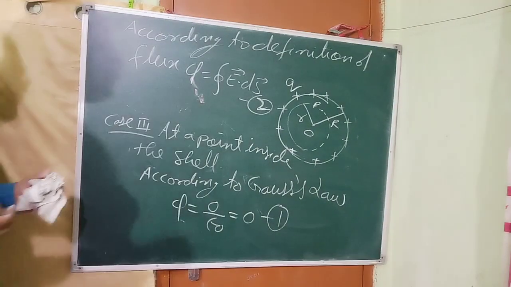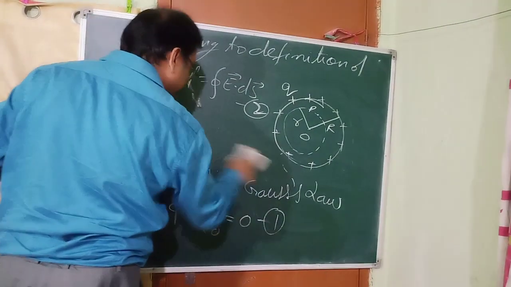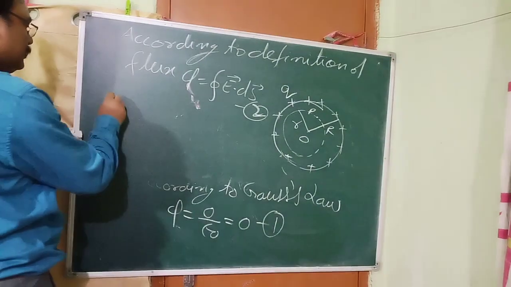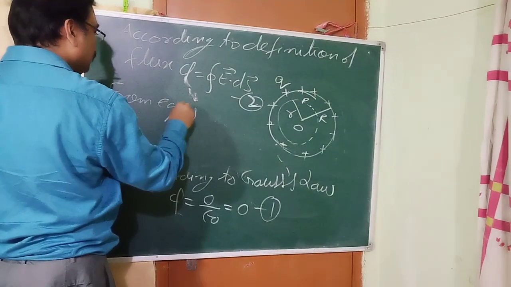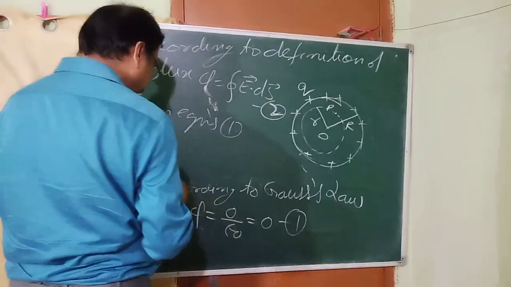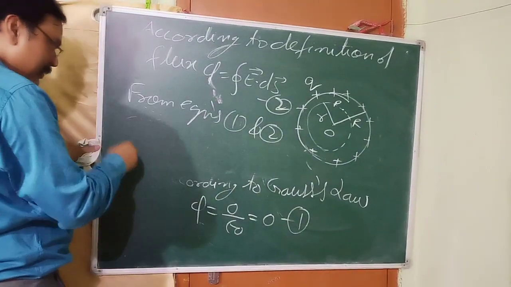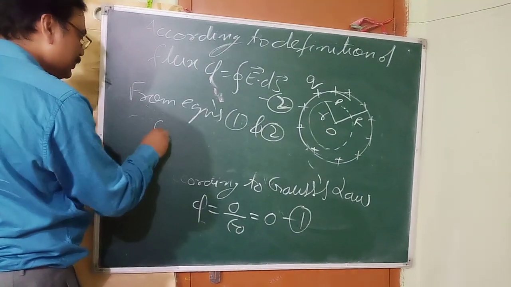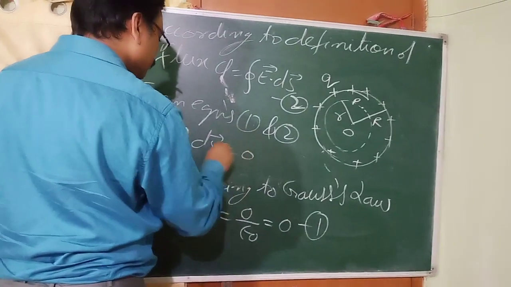Now see, from equations 1 and 2, what do we get? Integration E dot ds is equal to 0.